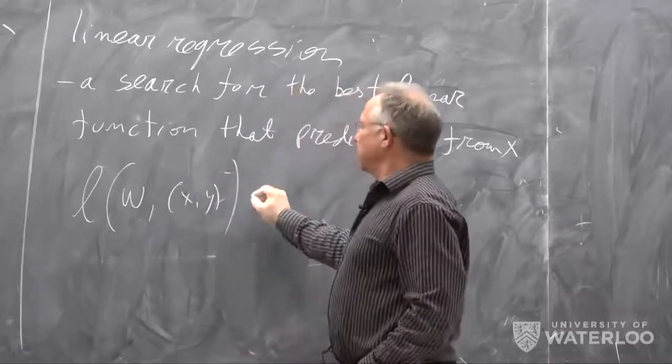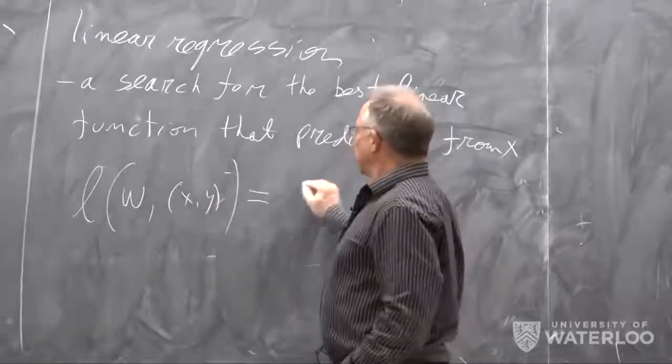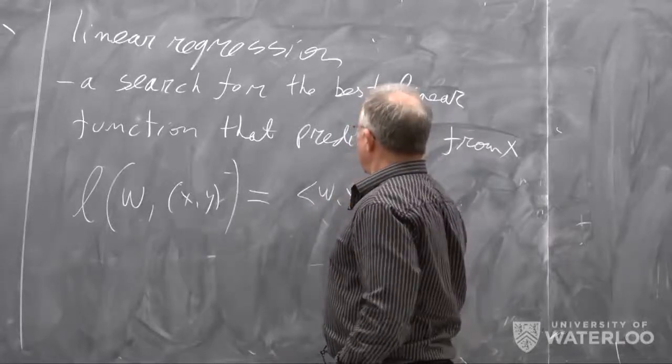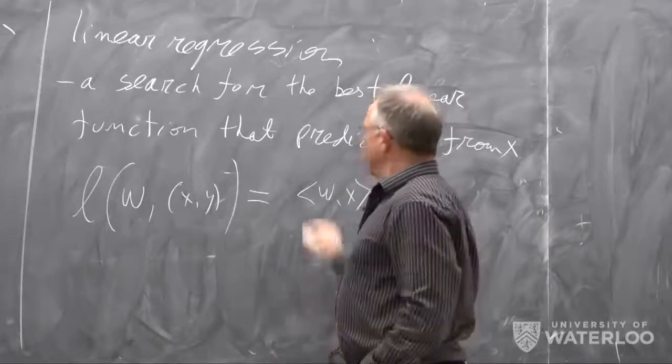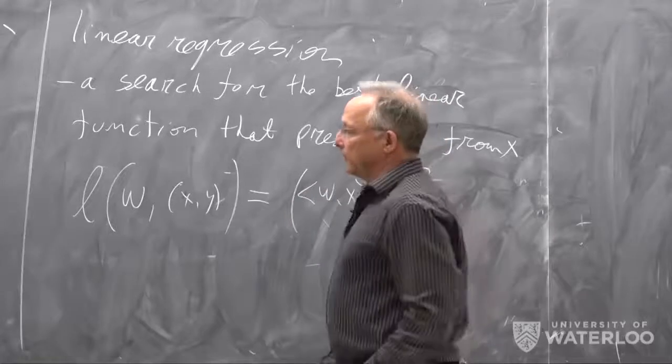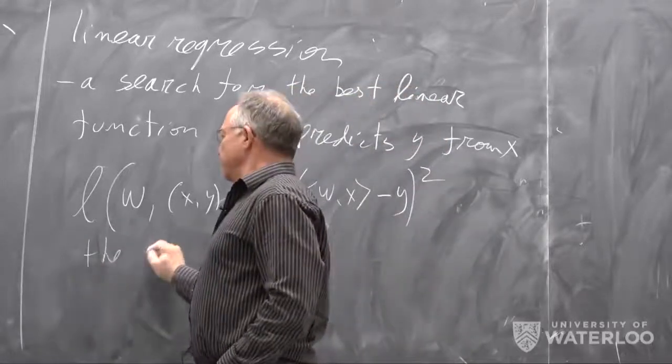A common loss is to look at w x minus y and square it. So this is called the square loss.